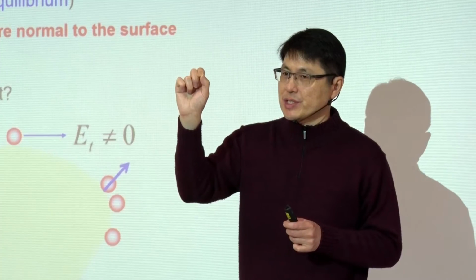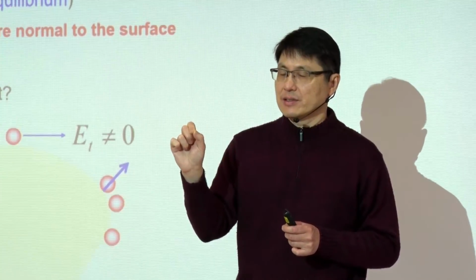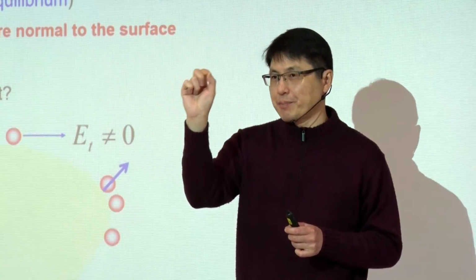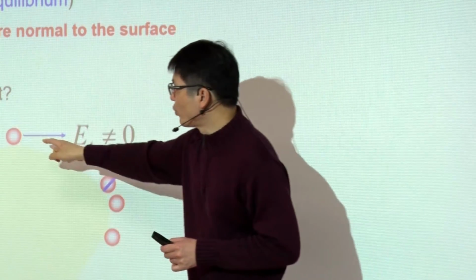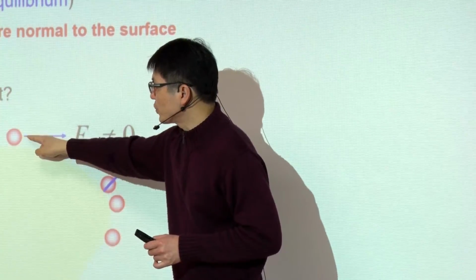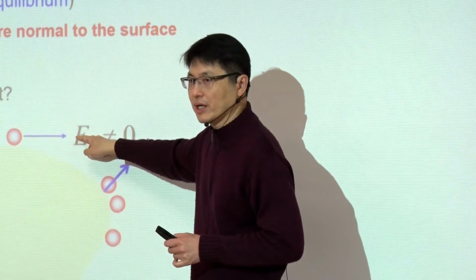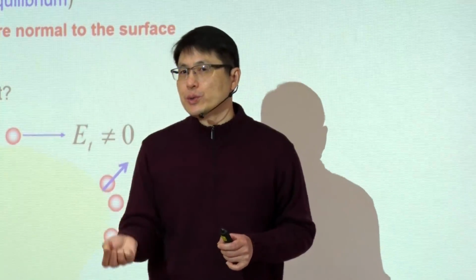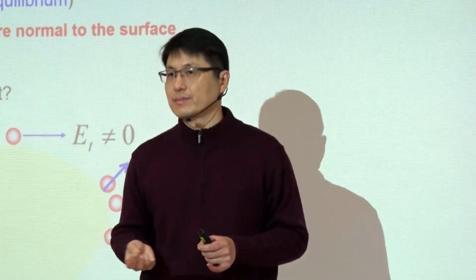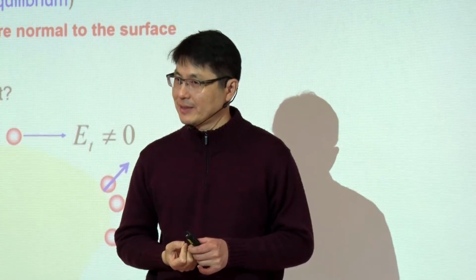As we introduced in the previous class, if you have a positive charge and you're walking in the direction along the field line, you lose potential, right?